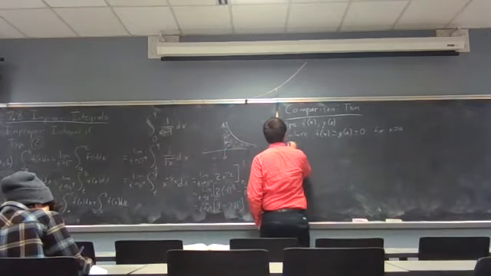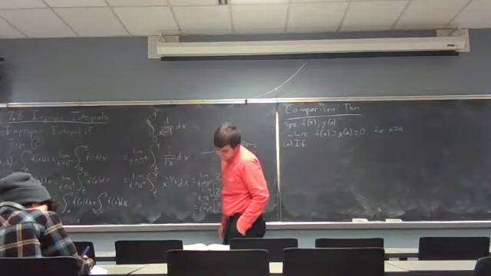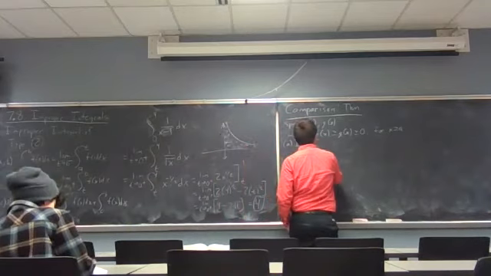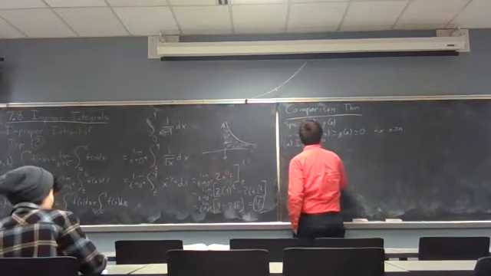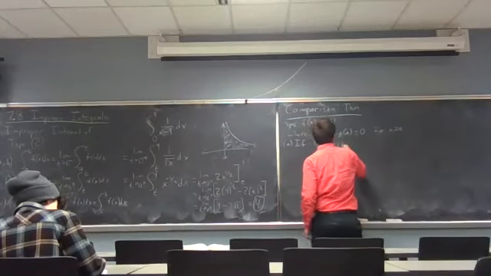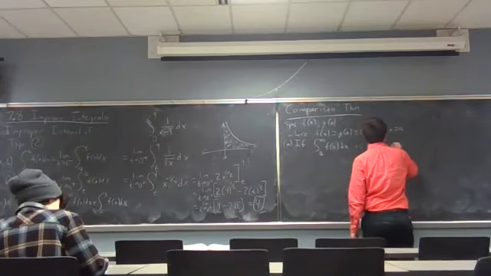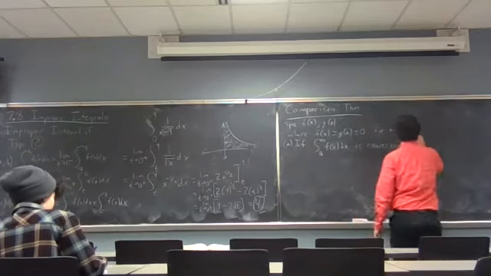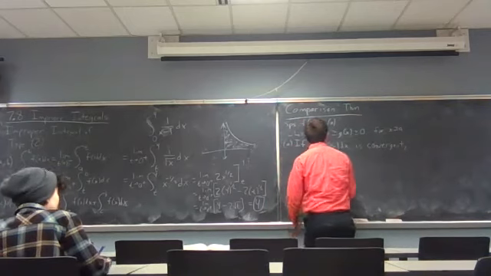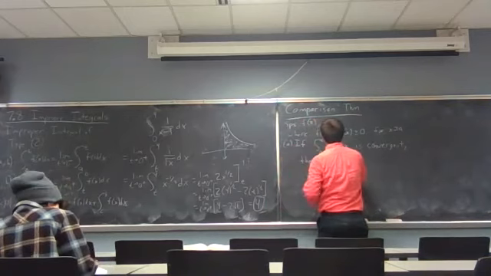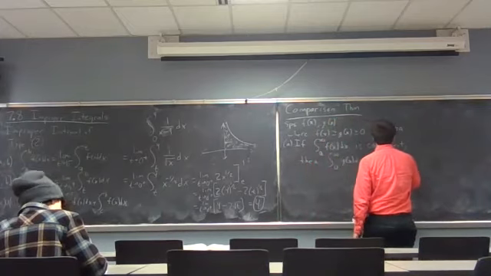We have two parts of this. The first part says if the integral from a to infinity, apologies, of f of x dx is convergent, then the integral from a to infinity of g of x is convergent.